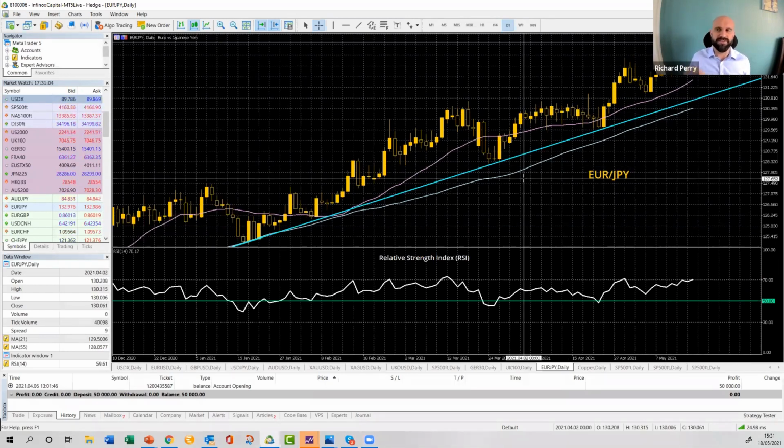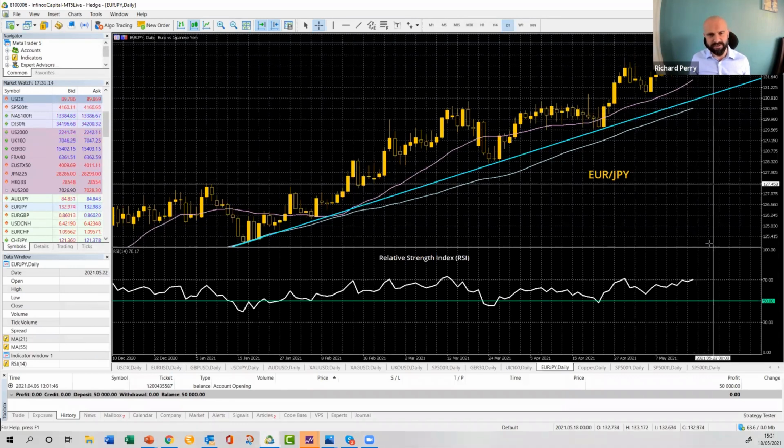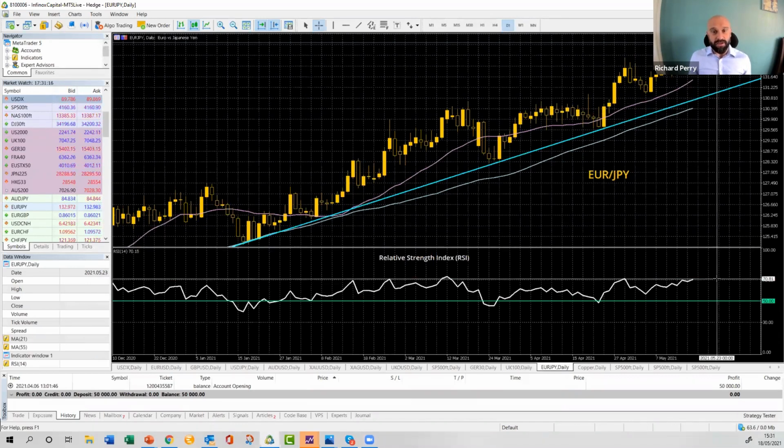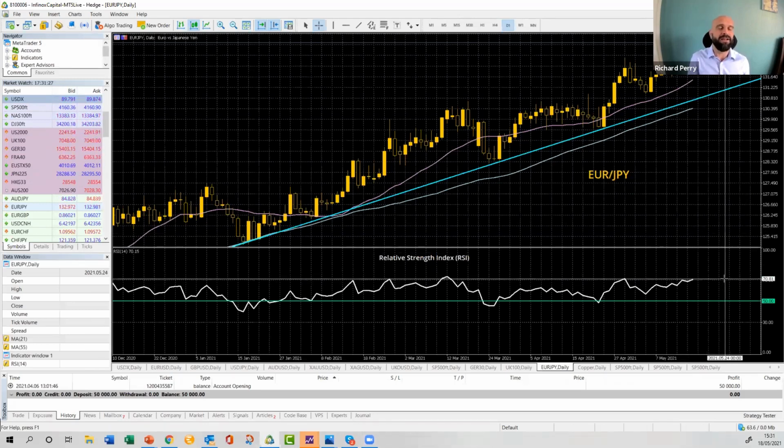So the thing with technicals is you trading with the trend gives you the most opportunity to profit. Because it's when you trade against the trend that you start to get unstuck, I think. Say, for example, if you were looking for contrarian indicators on euro yen and you think, okay, well, the RSI is at 70, I should sell that.